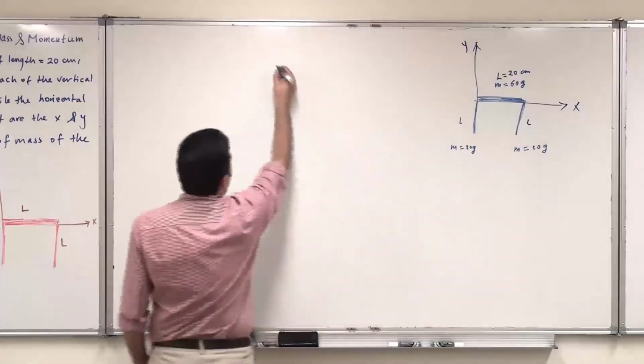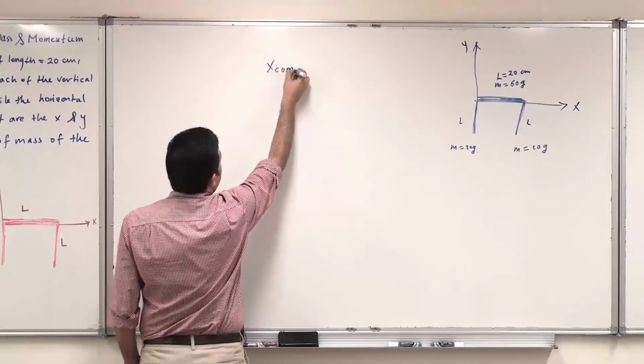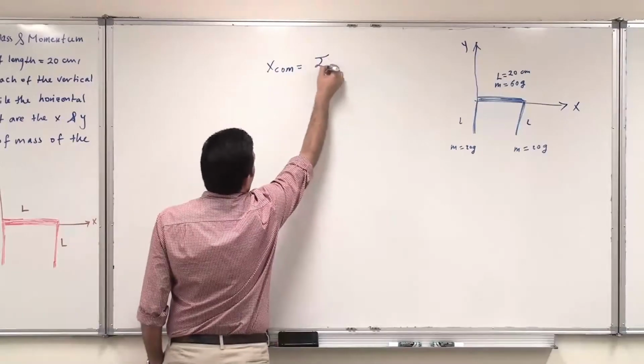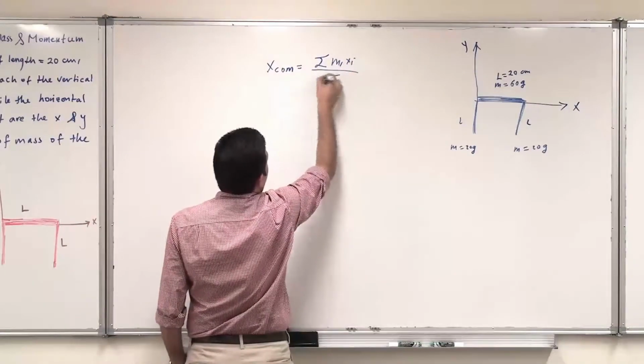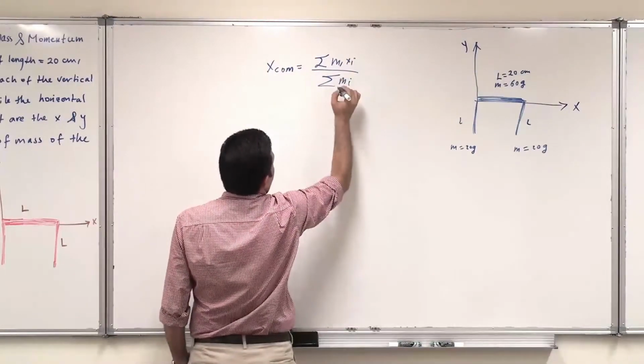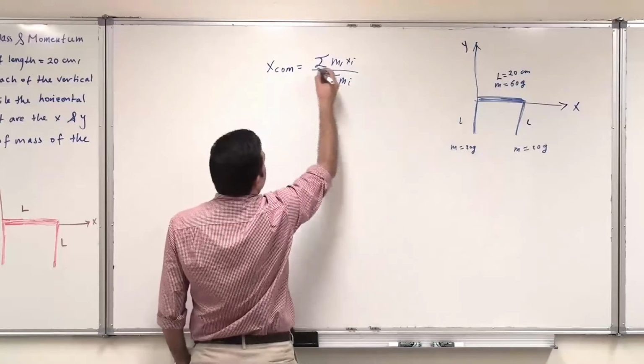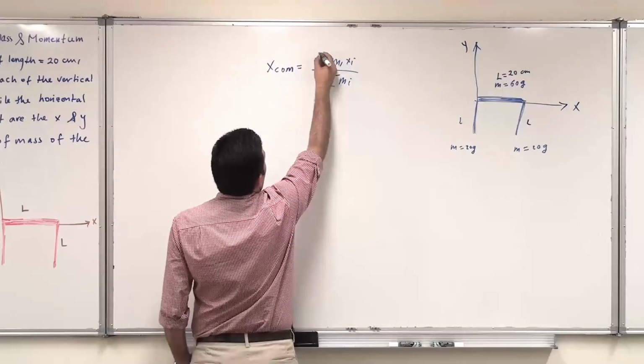In order to find the center of mass, we find the center of mass for each coordinate. So the x center of mass should equal sigma m_i x_i divided by the summation of all masses involved. Here we have 3 masses, so i goes from 1 to 3.